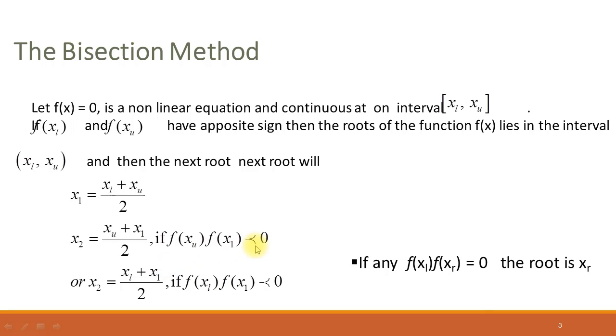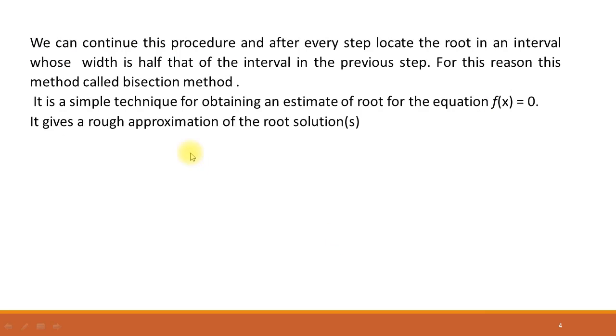And if at any stage f(xl) f(xr) is equal to 0, then the root is xr and the procedure stops. We can continue this procedure; after every step we locate the root in an interval whose width is half that of the interval in the previous step.